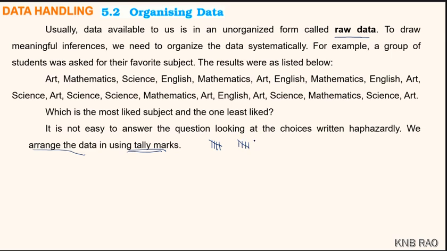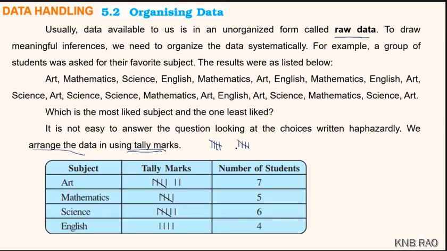So totally it becomes a group of 5 count. So I am taking a table containing subject, that is art, mathematics, science and English. Later I will be counting tally marks.